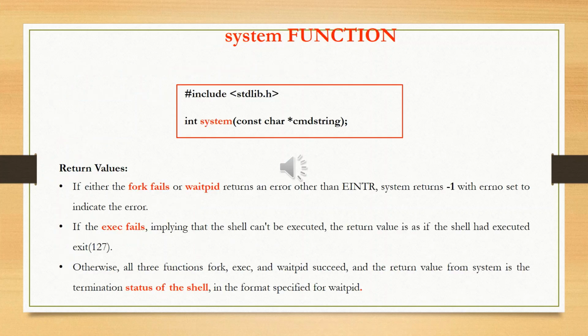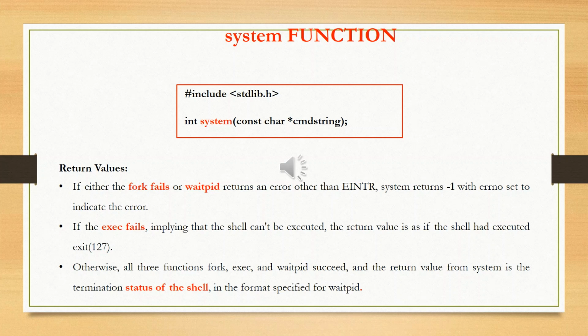Here we discuss the system function. It helps us execute a command string within a program. System is implemented by calling fork, which creates a new process, exec, which executes, and waitpid.